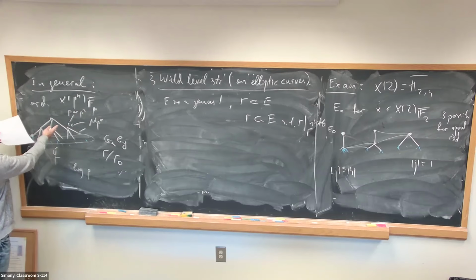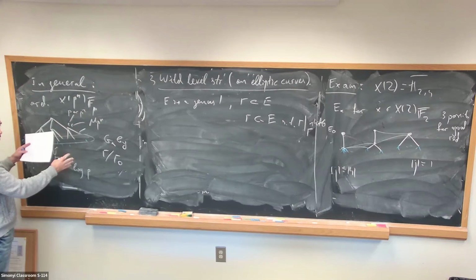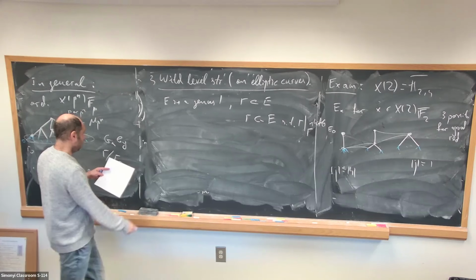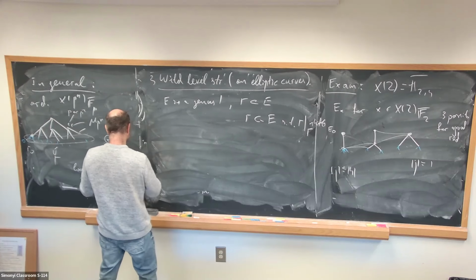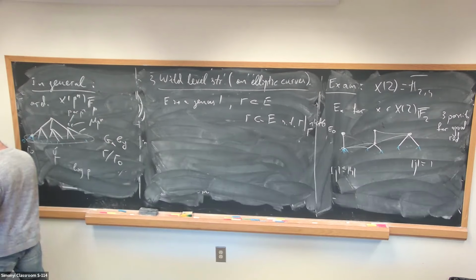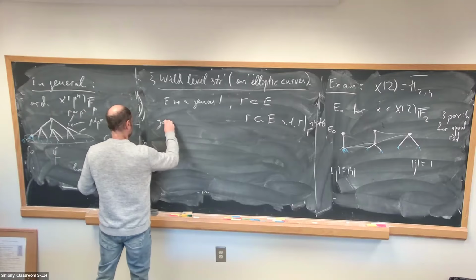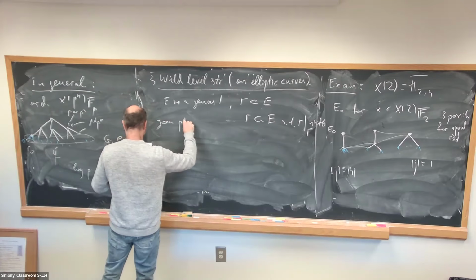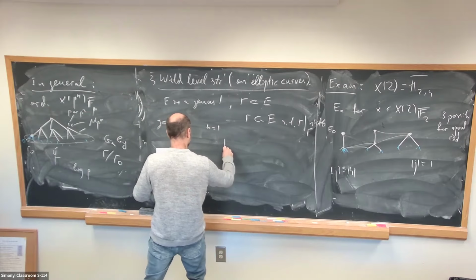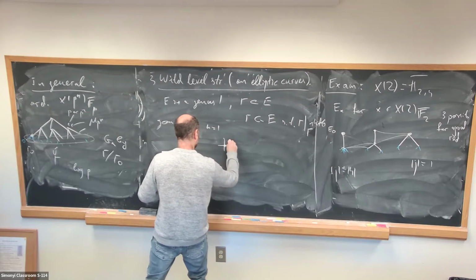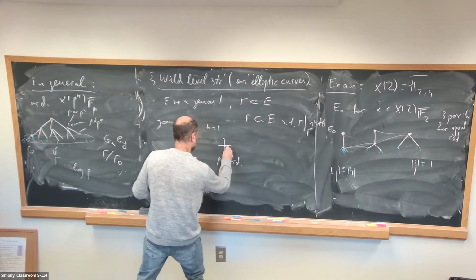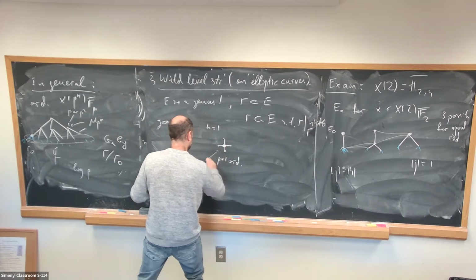And then once you try to describe the general picture, maybe I'll just show the answer of what we get for geometric points. So for n equal 1, you get p plus 1 ordinary, and 1 supersingular.